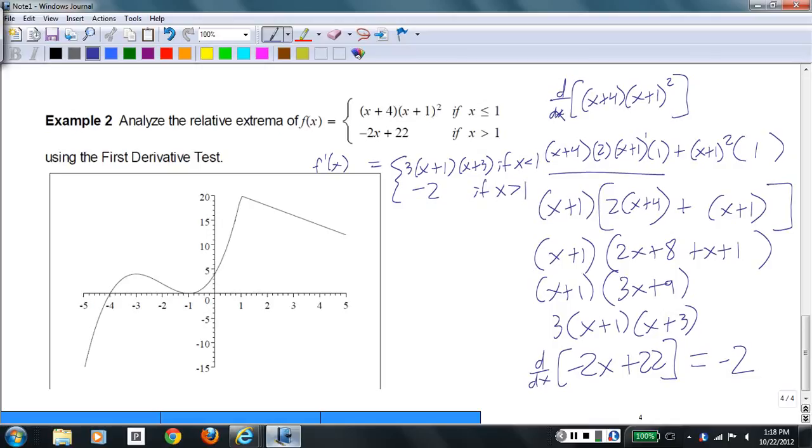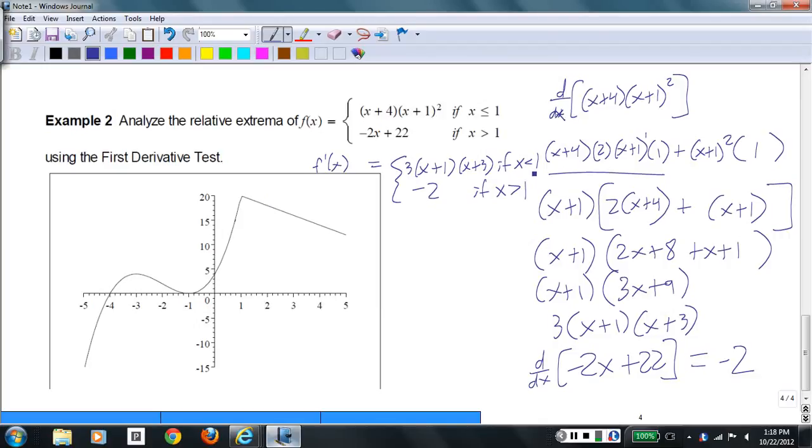So we can look for critical numbers now that we have the first derivative. We have a critical number at 1 because it's a point of non-differentiability, and then we look for where f prime is equal to 0. It's not going to be 0 for values greater than 1 because it's always equal to negative 2.